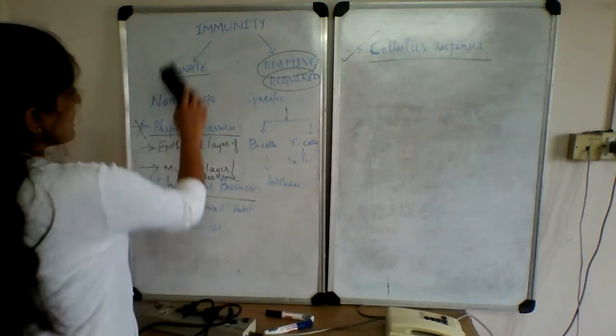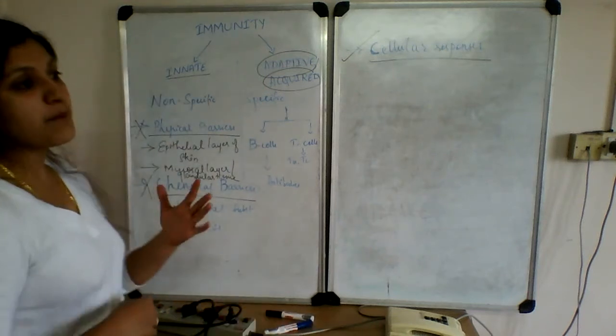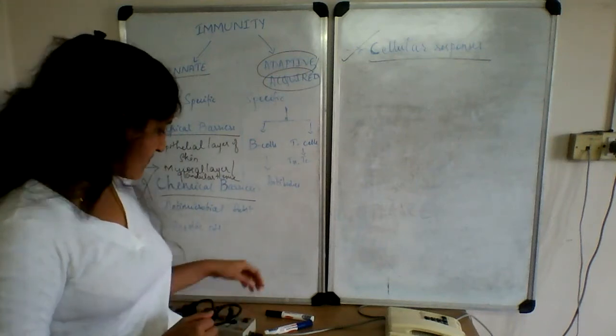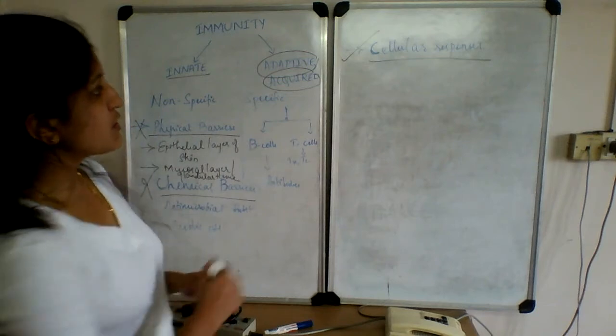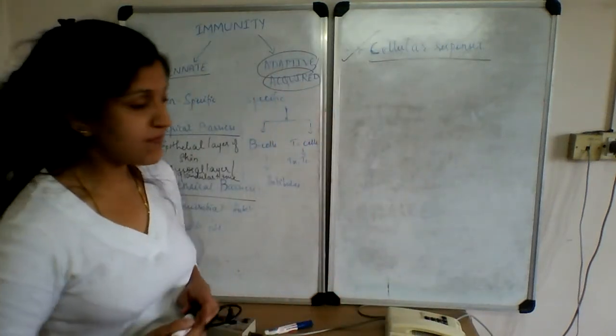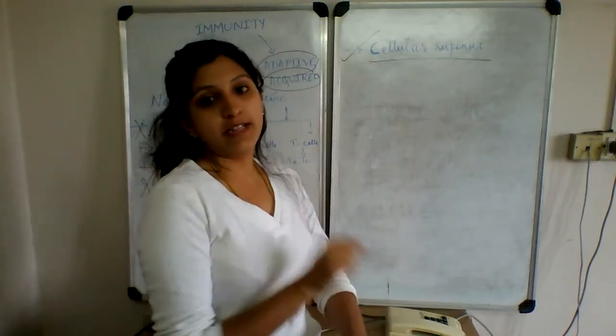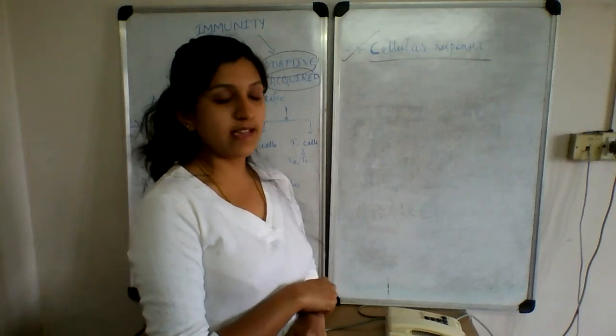Then if both of these fail in blocking the microbial entrance into the body, it goes to cellular responses. If there is a skin damage or a cut, the bacteria enters the skin through the cut.